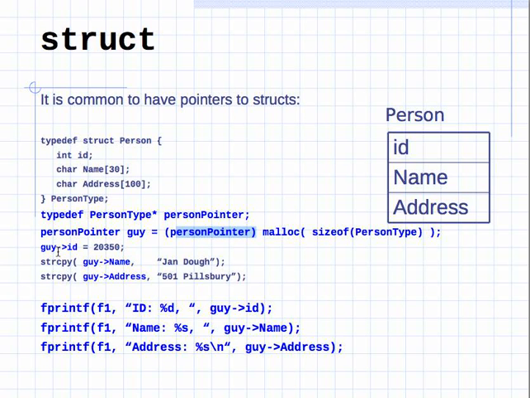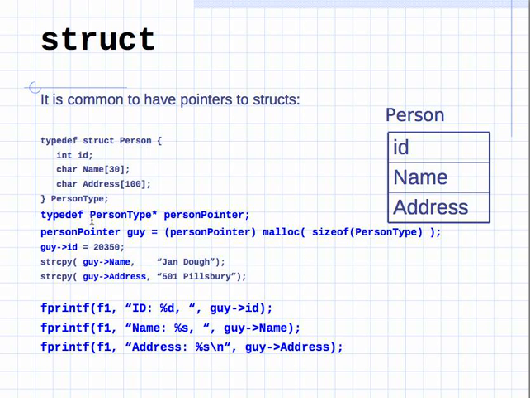We no longer say guy.id, we have to say guy minus greater, or arrow, which is what it's usually referred to as, guy arrow id. Initialize it to something, and we can copy to guy arrow name the string, which will copy the null termination character too, and then same thing with the address.